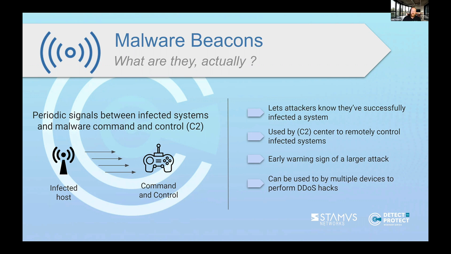These communications are early warning signs of a possible larger attack. Sometimes all it takes is a beaconing signal to perform a distributed denial of service attack, if those beacons are focused on a victim and there are enough infected machines, right?